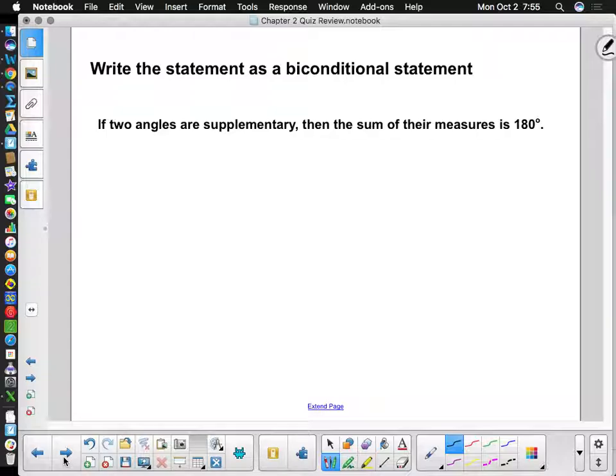All right, so what are we going to start with then? So in order to make it a biconditional, we're going to get rid of the if and the then, right? So this has to go away. Okay, and the if and only if goes right in the middle.